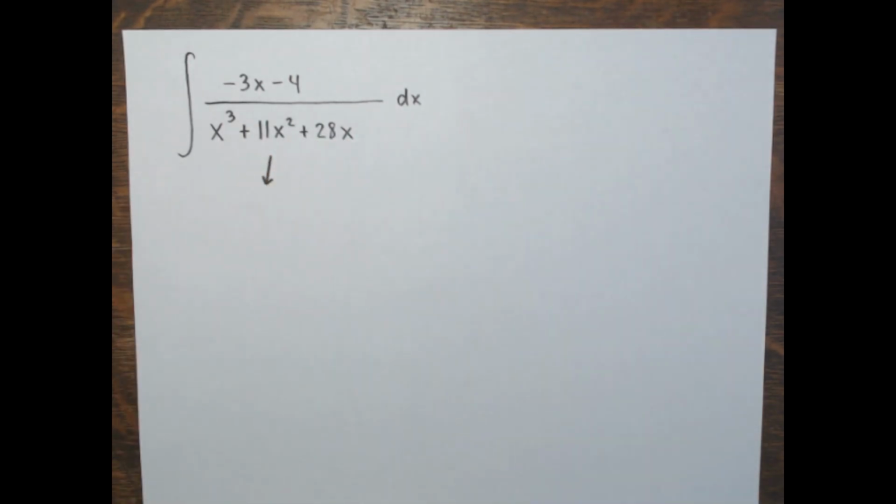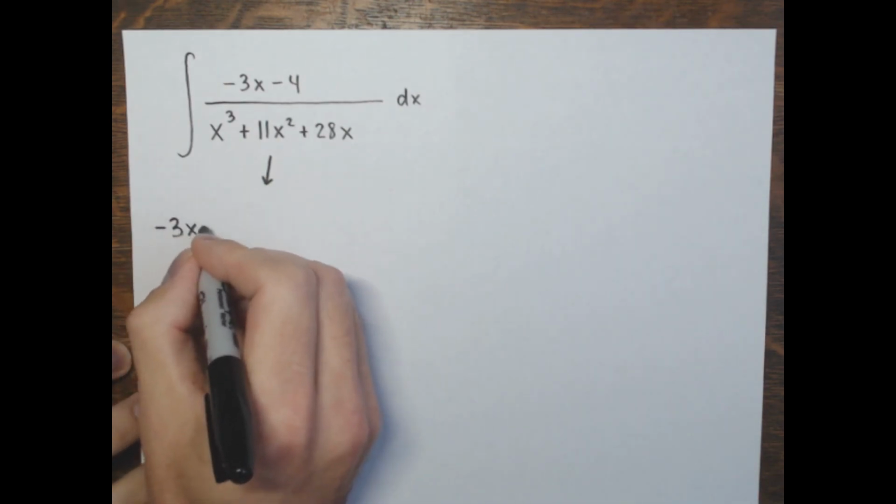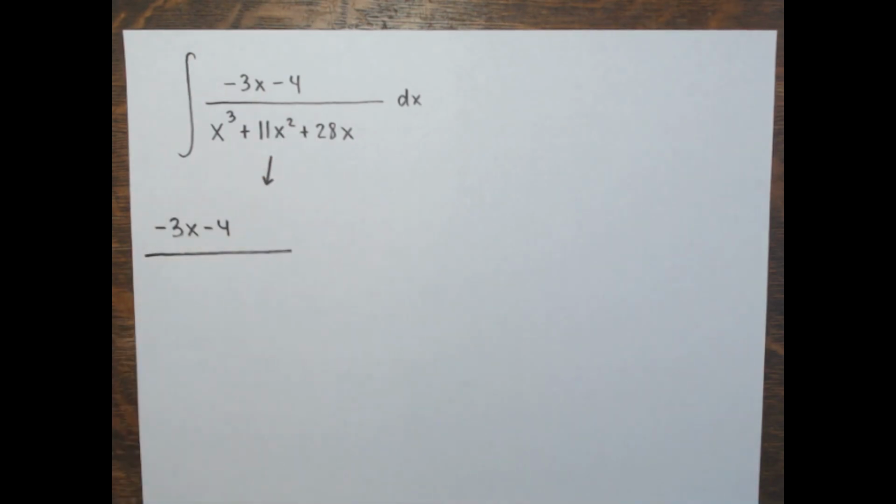So again, I'm going to take a look at the fraction on its own. We have negative 3x minus 4 in the numerator, and if it's a proper fraction, the first thing I'm going to want to do is factor the denominator completely.